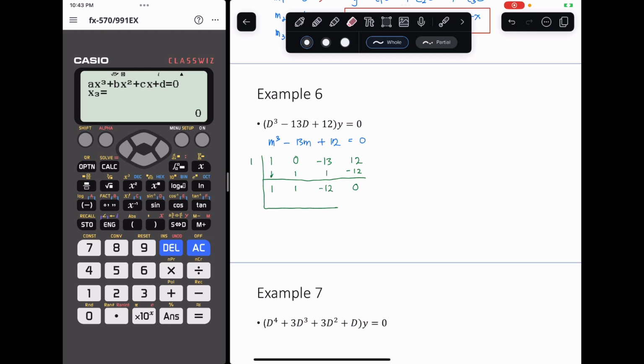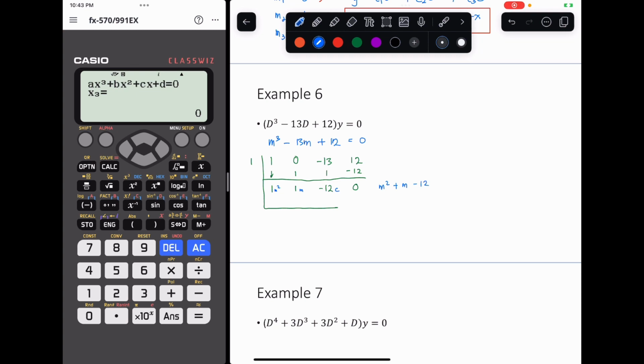But as you can see here, since this one becomes 0, the degree goes down from third degree. This is for m squared this time, this is for m, and then this is the constant part. If I'm going to transform this one into an equation again, this is the same as m squared plus m minus 12.